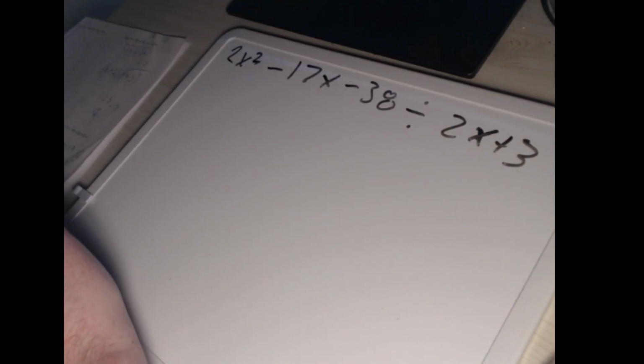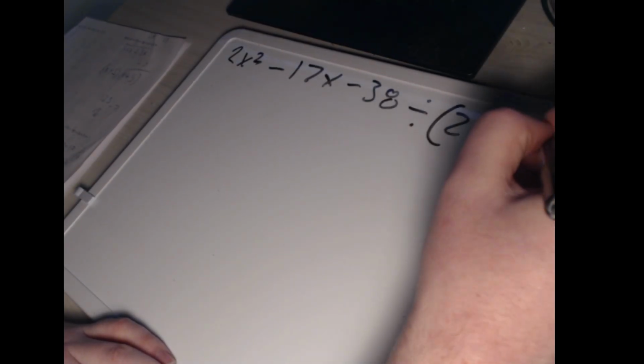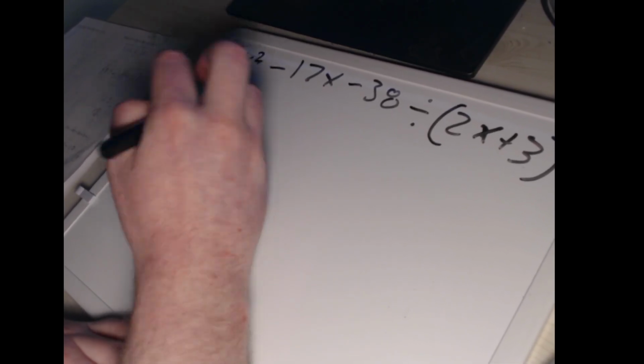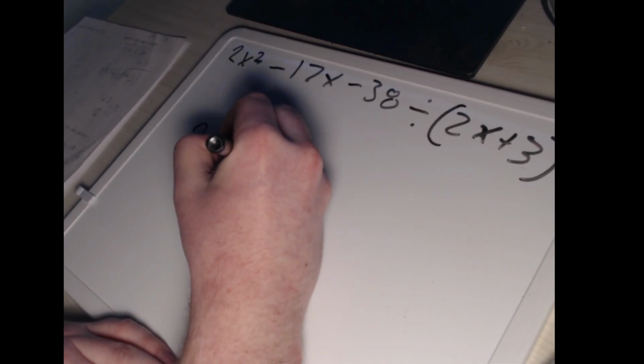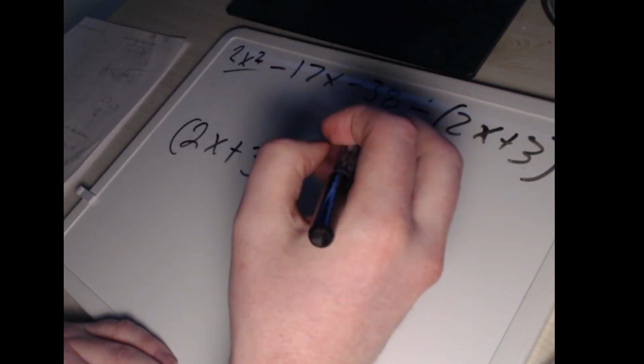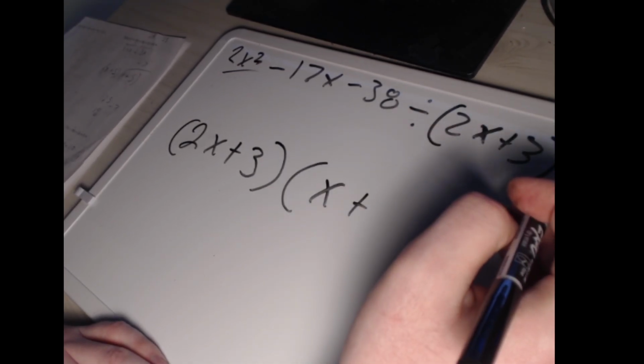Okay. 2x plus 3 is going to be our starting. We know there's a 2x squared, so the next one is going to be x. And then what do we figure out now?